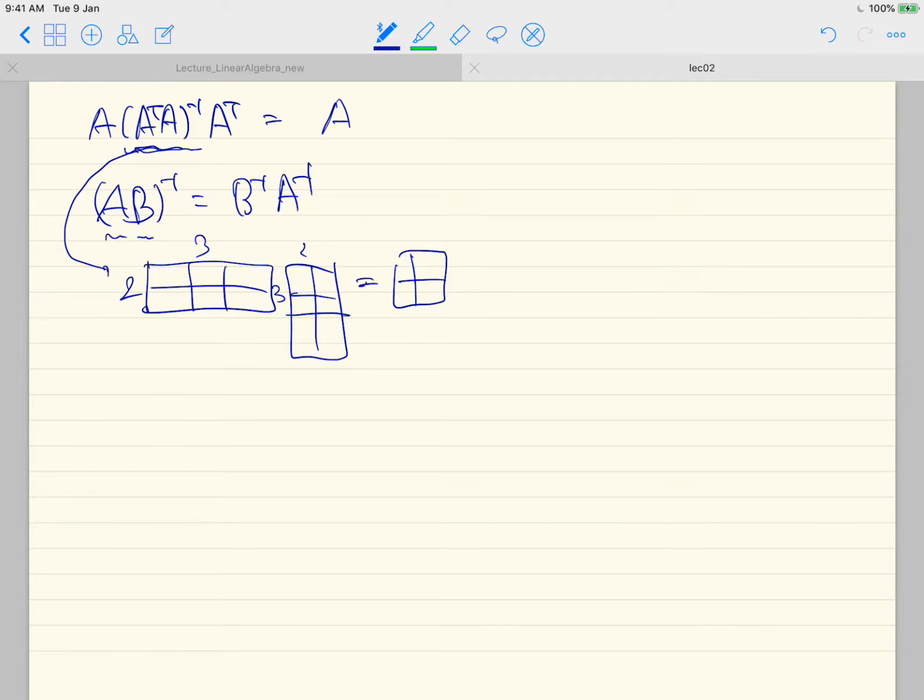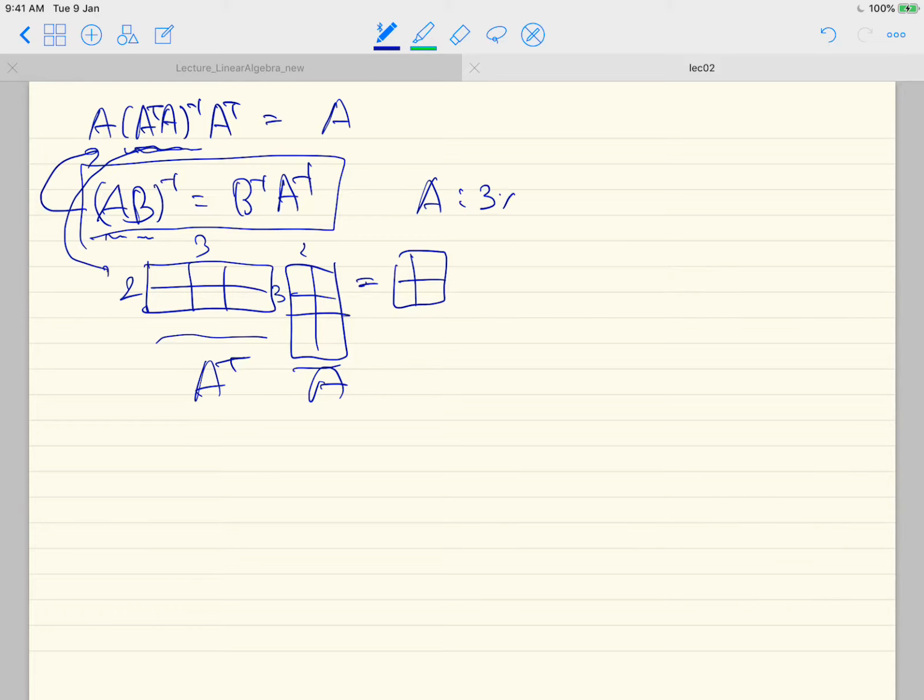But A transpose and A are not even square matrices, so we cannot apply the inverse operator onto each of these two matrices. So usually we cannot use this equation here.